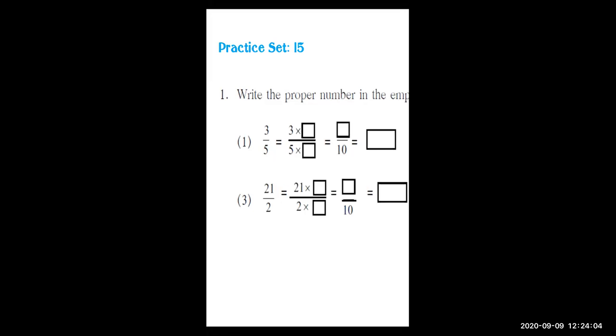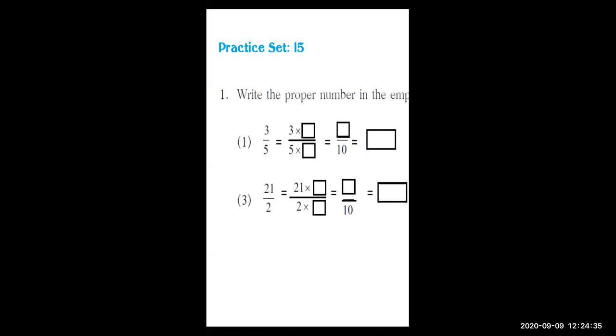Now this is a decimal fraction, so the denominator should be only 10, 100 and 1000. It is not going to be 200, 500, 600. If we are solving decimal fractions, it is always 10, 100, 1000, 10,000, not any other. Now here, what number should be multiplied by 3 and what number should be multiplied by 5?